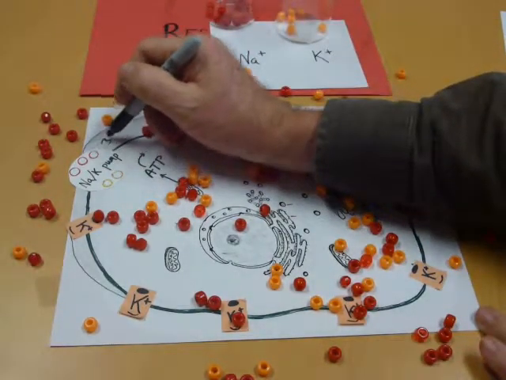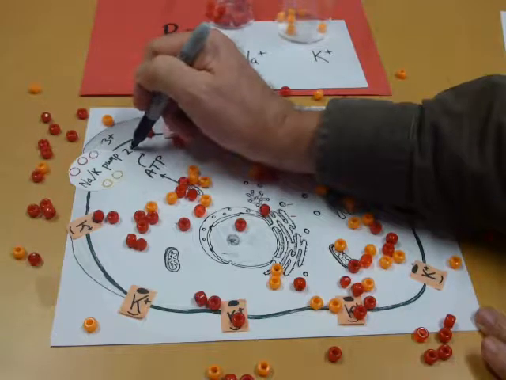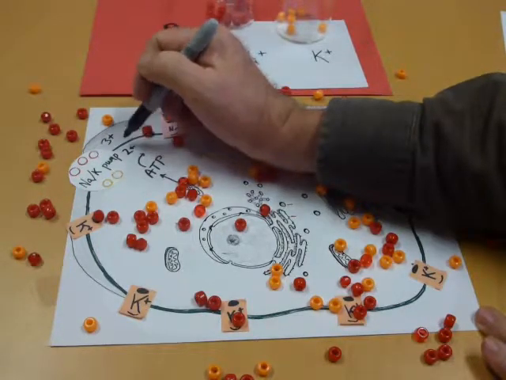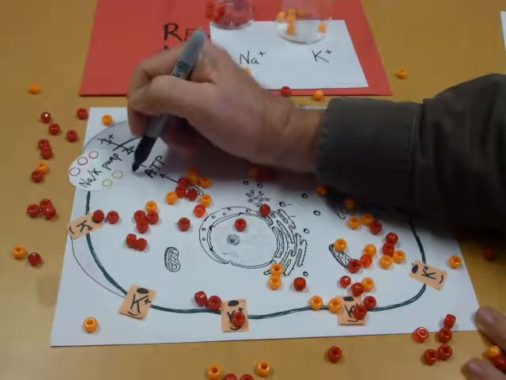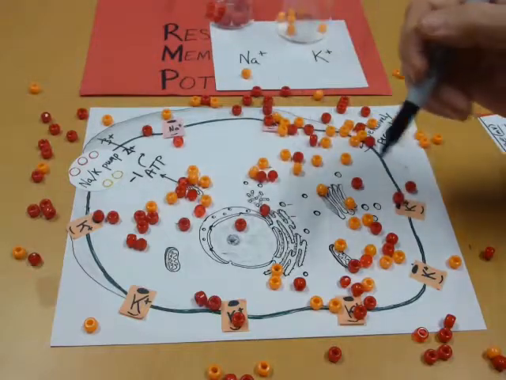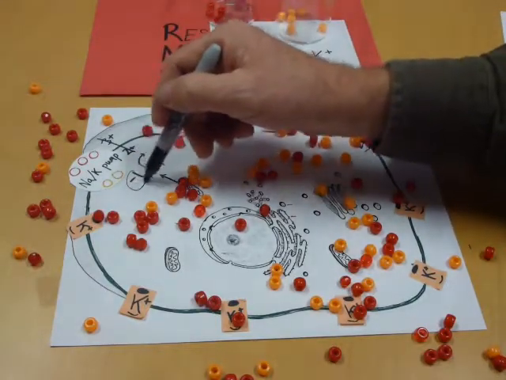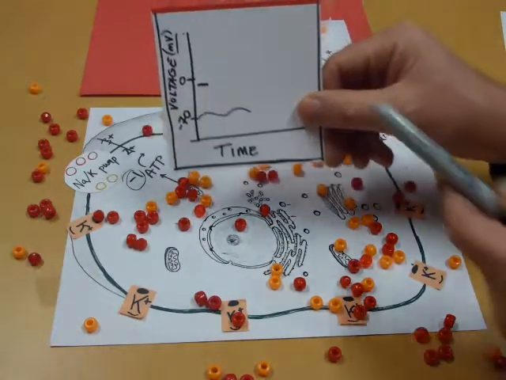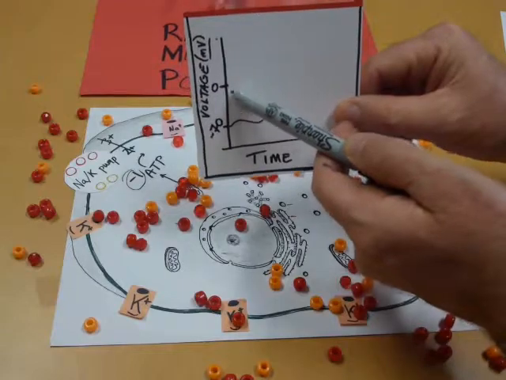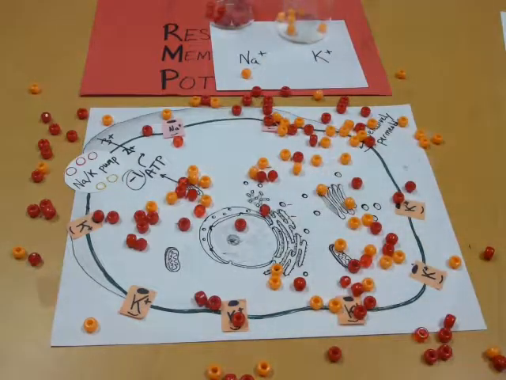So if 3 positives leave and 2 positives come in, and you do a little quick math, then you realize that basically the inside has a -1 charge, or 1 minus. It's more negatively charged. And so now we're building up a little bit of potential energy. We're starting to get more negative, further away from zero.